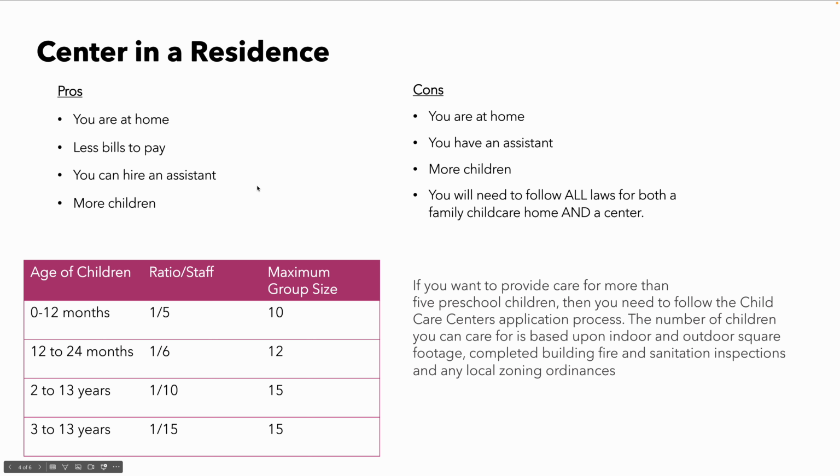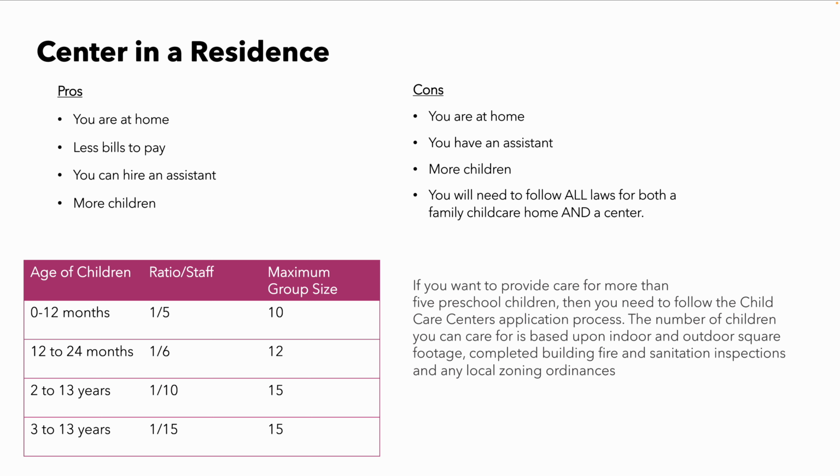So, let's look at a center in a residence. This is when you are providing for more than 5 kids, and you have to follow center in a residence rules, like brick and mortar childcare center rules.